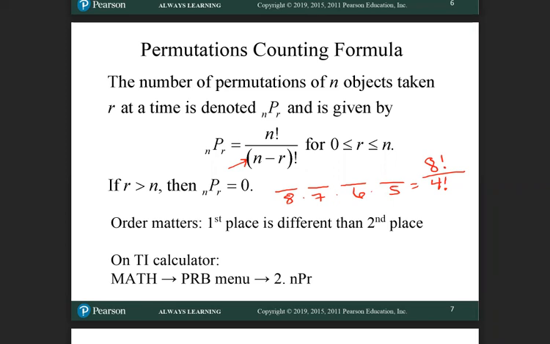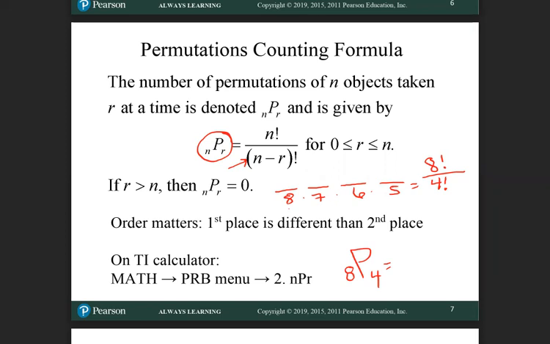Now this formula is pre-programmed in your calculator in the permutation option, which is in the math menu, probabilities, option 2. In our case, I had 8 letters and I'm shuffling only 4 of them, so I would do 8 permute 4. If we try that in the calculator, you type the 8, math, over to probability, option 2 is the permutation.